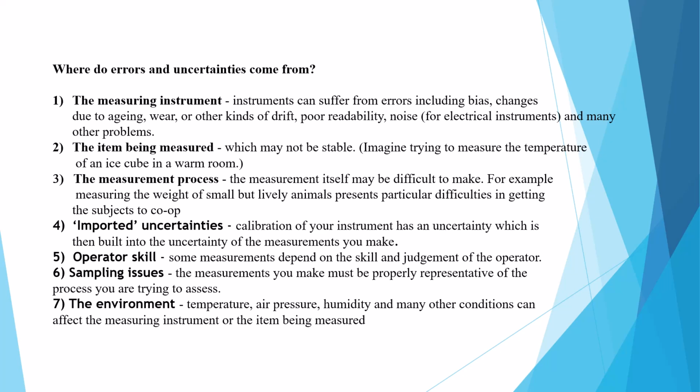The measurement process is difficult to make, so that adds uncertainty. Or operator skill. Everybody has different skill to do something, which may make the measurement uncertain. Sampling issue: we should properly represent the process you are trying to assess. The environment: temperature, air pressure, humidity, or other conditions can affect the measurement and instrumentation. Okay.